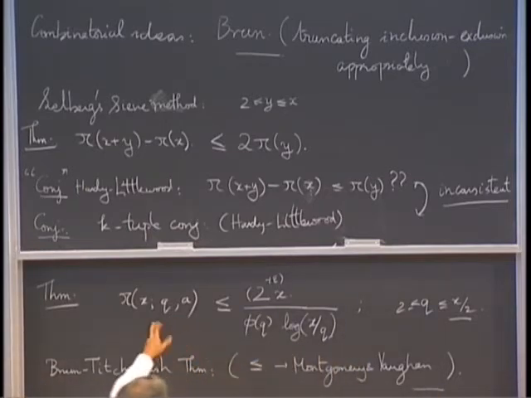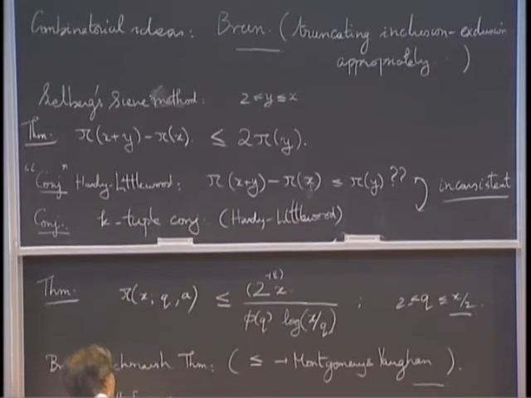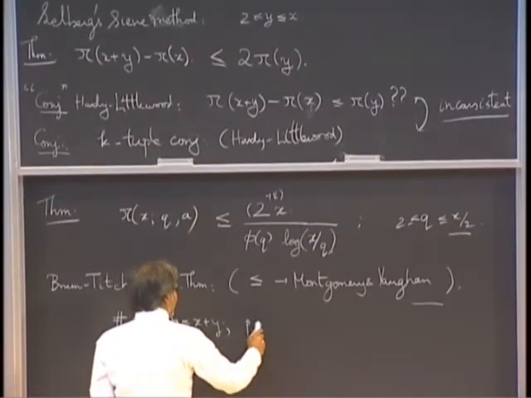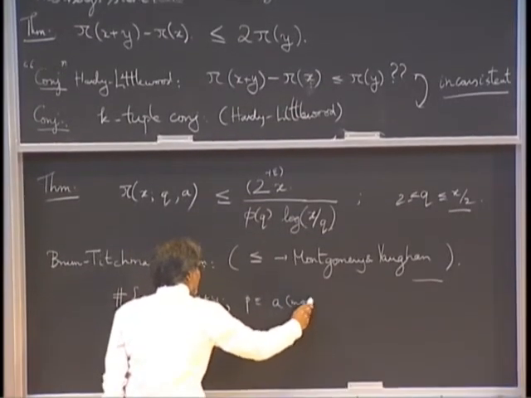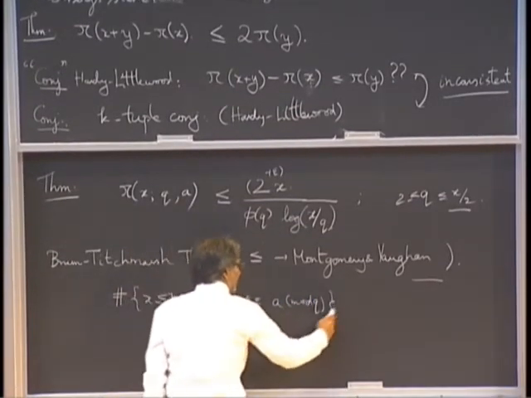And then you can imagine you can do some mix and match and also try to count the number of integers in an interval from x to x plus y, or count the number of primes in x to x plus y with p congruent to a mod q, and then try to bound this.